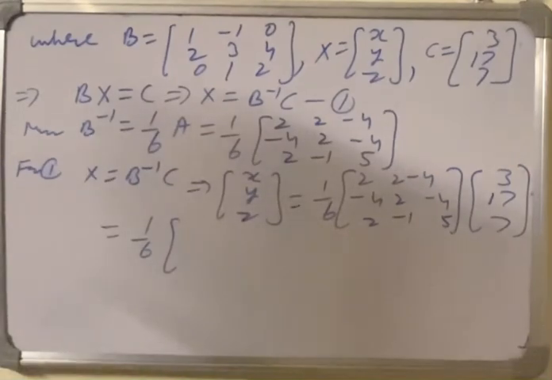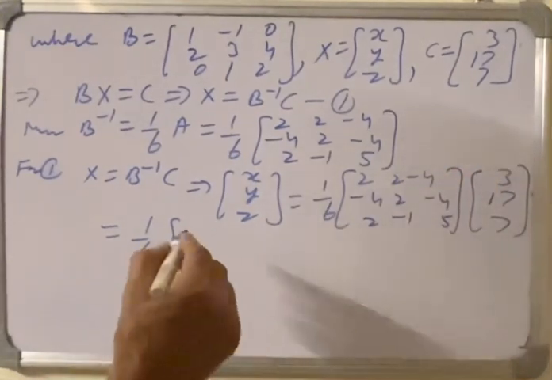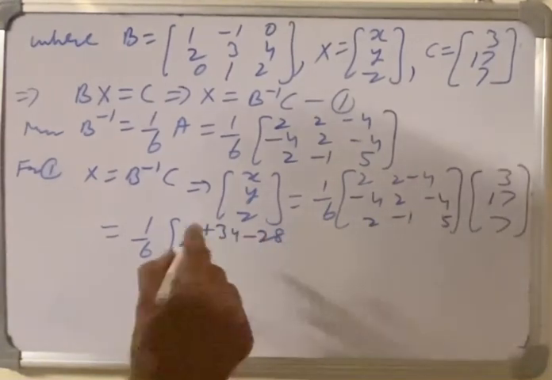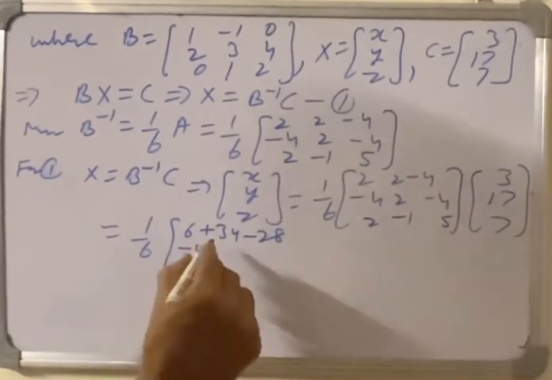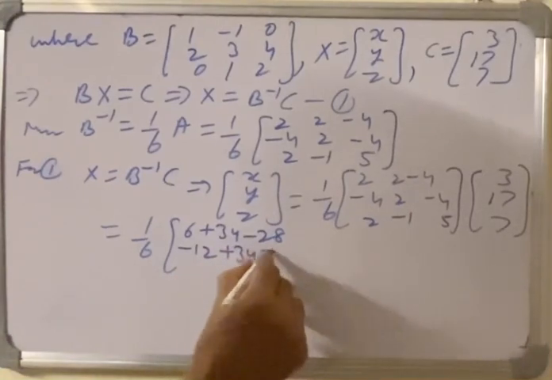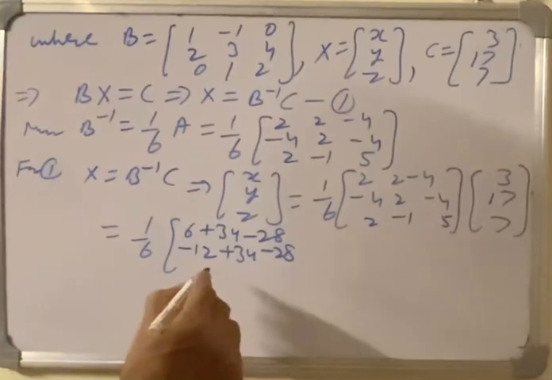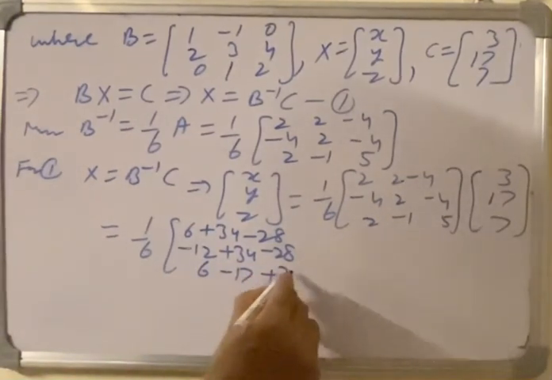This is equal to 1 over 6 into, we multiply first row with this column, we shall get 6 plus 34 minus 28, then minus 12 plus 34 minus 28, then third row with this is 6 minus 17 plus 35.